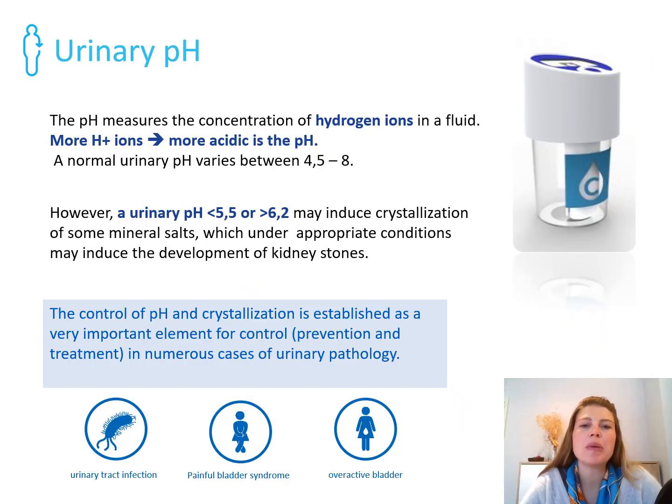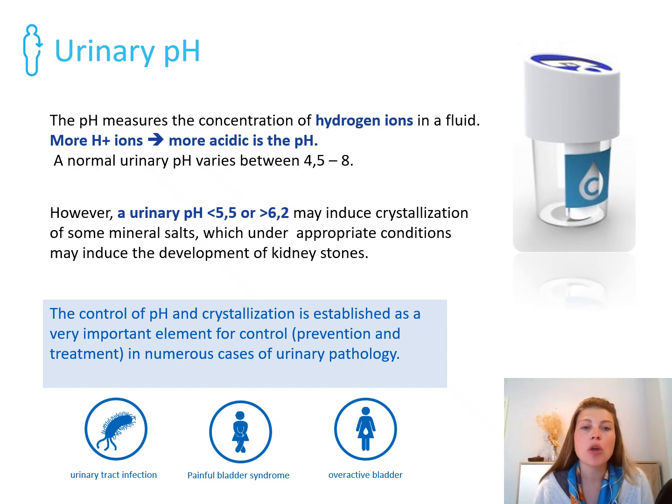Urinary pH is one of the most important factors to check if the urine is healthy. The pH measures the concentration of hydrogen ions in a fluid. The more hydrogen ions you have in the medium, the more acidic the pH will be.